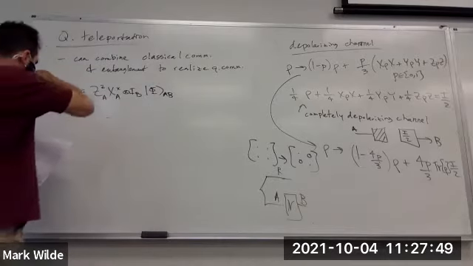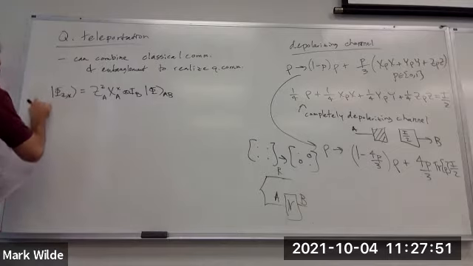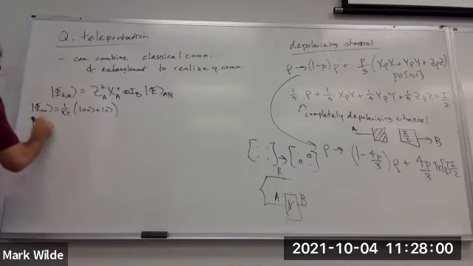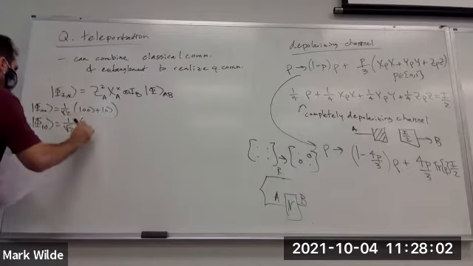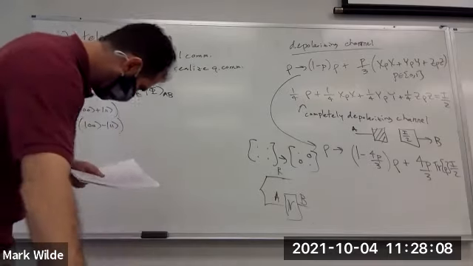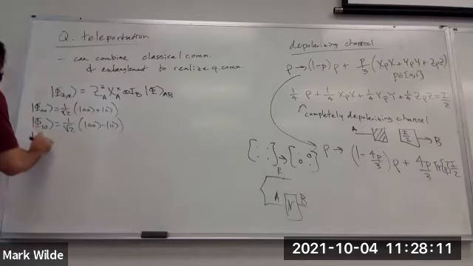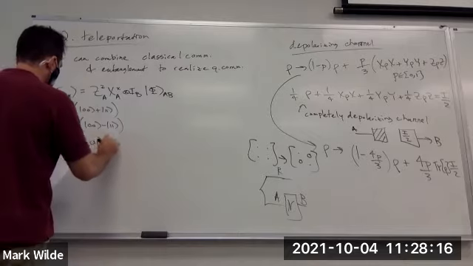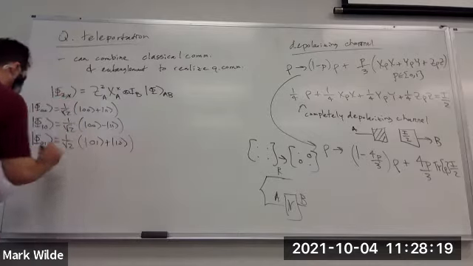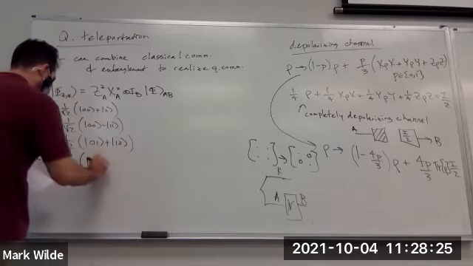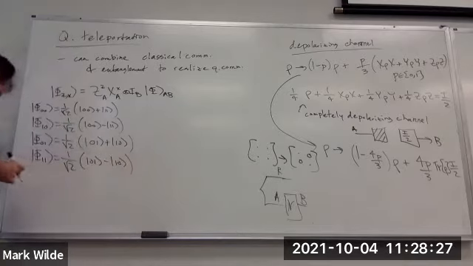So then let's enumerate these possibilities. Okay, those are the Bell states.